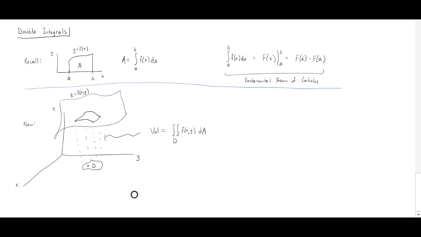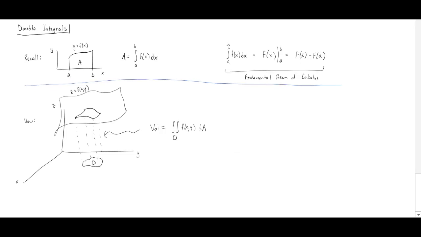But again, we don't actually want to do that to evaluate the integral. Okay. So in order to evaluate these double integrals, I want a theorem that tells me how to evaluate it. So sort of like my analog of the fundamental theorem of calculus, if you will.